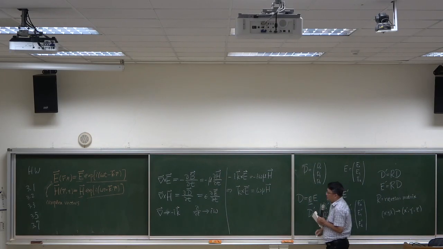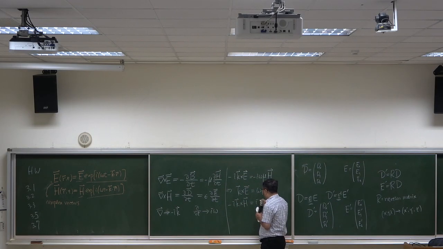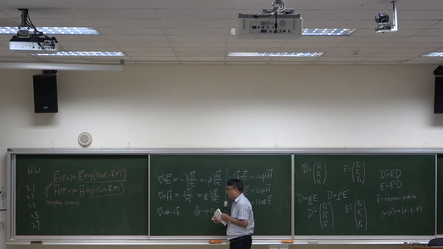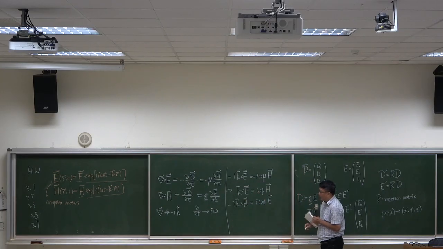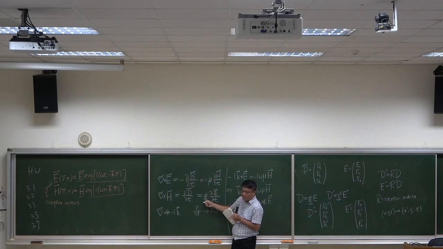Okay. Similarly, for Ampere's law, minus ik cross H is equal to i omega epsilon times E. Remember now that epsilon is a matrix, not a number.